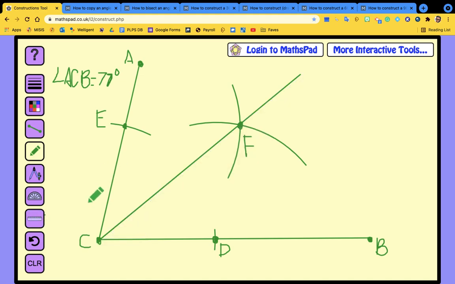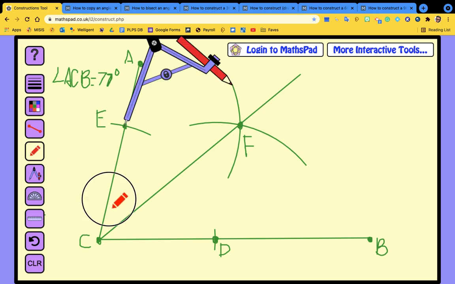Now, what we've actually done here, kiddos, is we've created two more angles. Look, I've created, let me change colors here. Let me go with red. I've created this angle here, which is ECF. See? ECF.